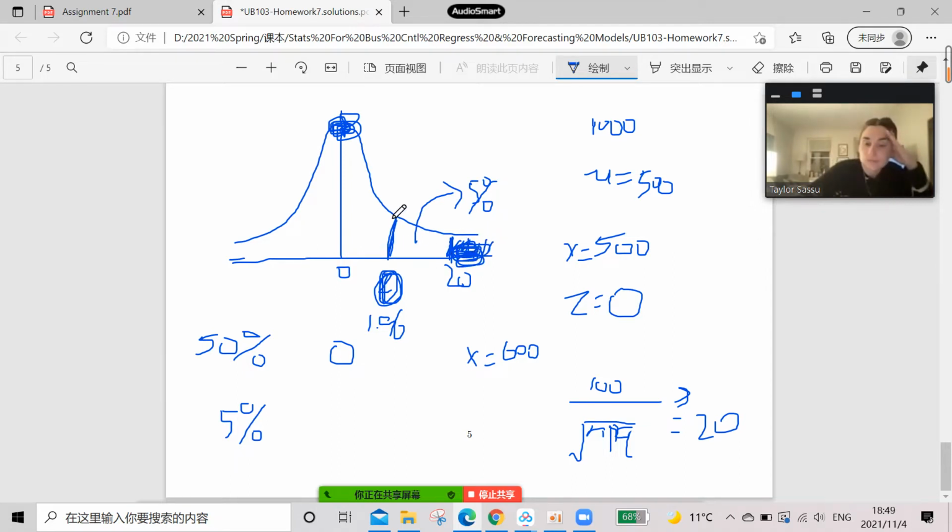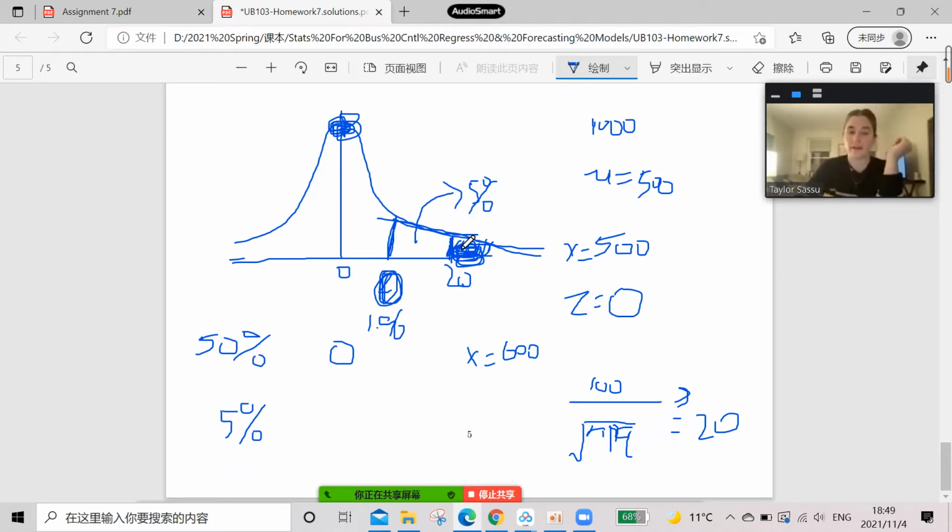Remember, 5% is all this area. As long as I find a calculated z value greater than 1.96, I'm very sure that the probability is less than 5%. That's how I reject the null hypothesis.